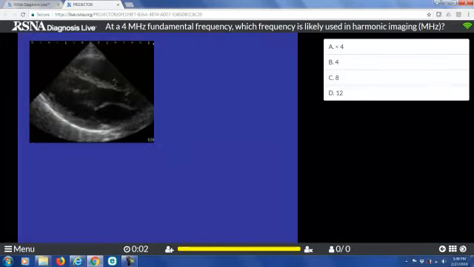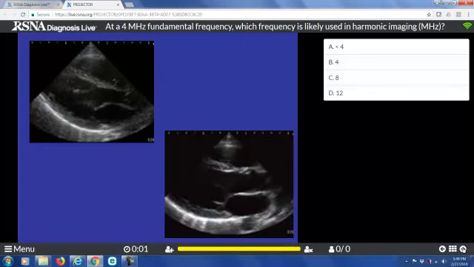At a 4 megahertz fundamental frequency, which frequency is likely used in harmonic imaging? Less than 4, the same, 4, 8, twice the frequency, or 12, 3 times the frequency. So pause your videos, and the correct answer is twice the frequency.